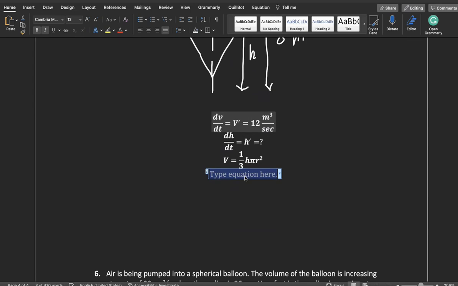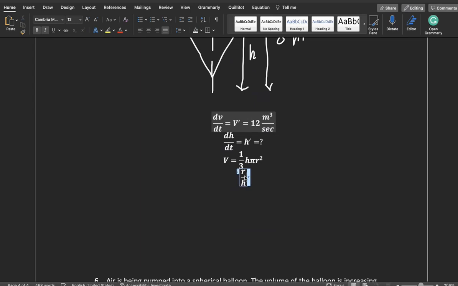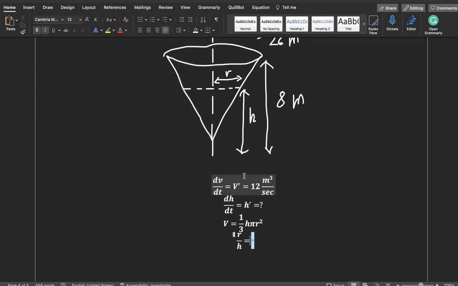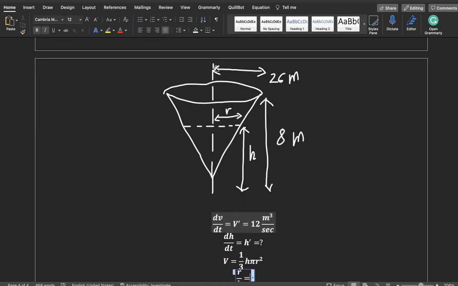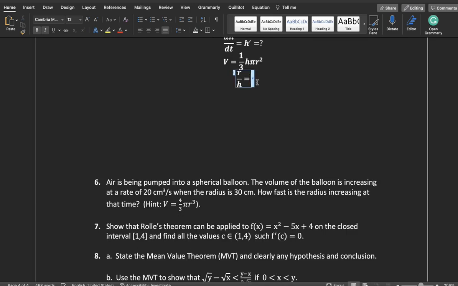Using rules for similar triangles, R over H of the small triangle is equal to R over H of the big triangle, which is 26 over 8.